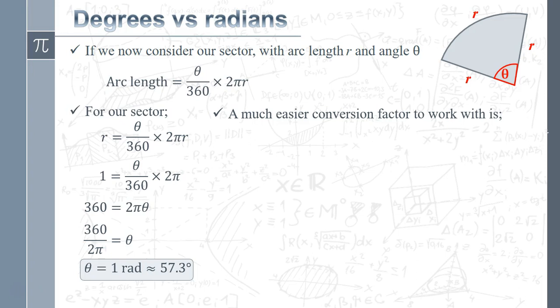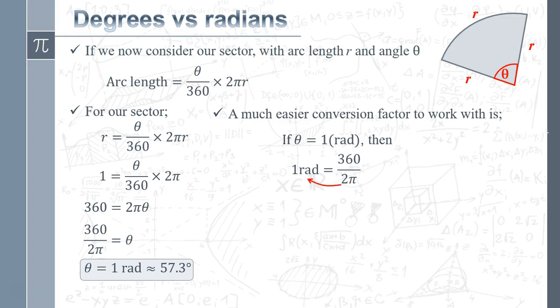The easier link-up between degrees and radians is much easier to work with when we consider that our angle theta here is 1 radian, and as we said before, 1 radian is 360 divided by 2 pi degrees.